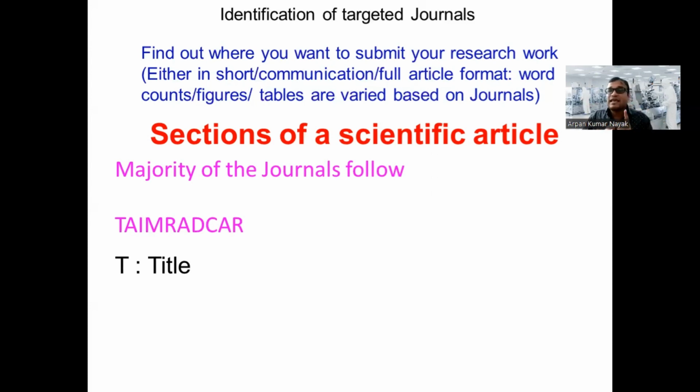The next is A. A stands for abstract. The abstract is the gist of your scientific research article, which is also related to the conclusion, which I will discuss when I explain the abstract. So a title will be there, then abstract, then I stands for introduction.